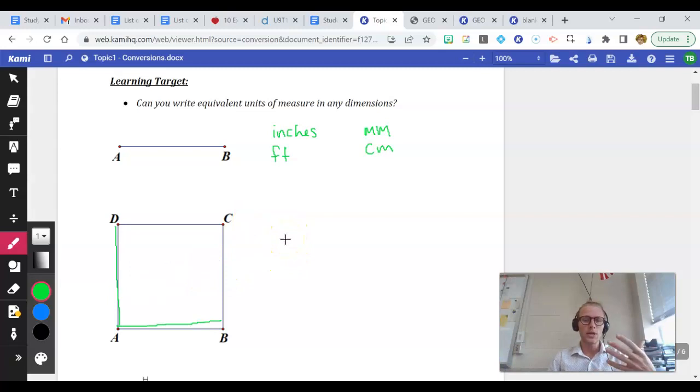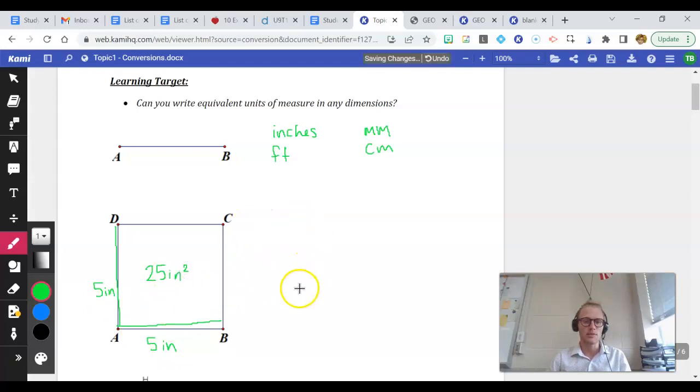So when we go to area, it's our 1 dimension twice. So we are measuring the length this way, and we're also measuring the length this way. If this was 5 inches, and this was 5 inches, then the total area would be what? Well, it'd be 25, because 5 times 5, and then inches times inches is inches squared.